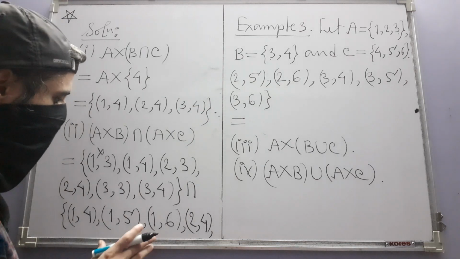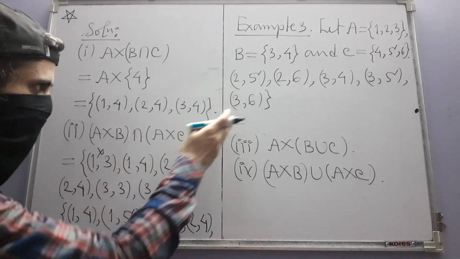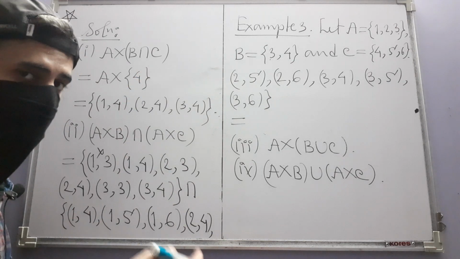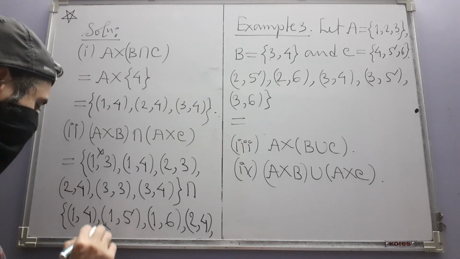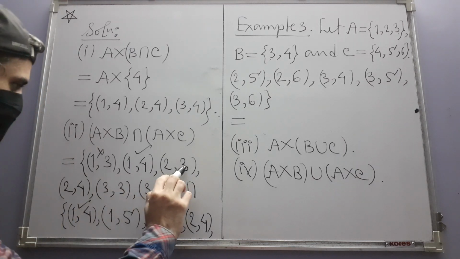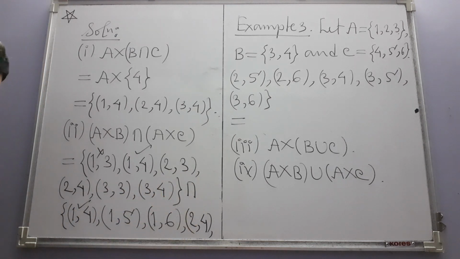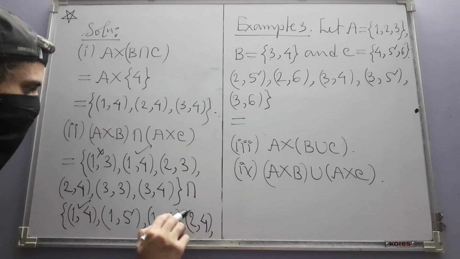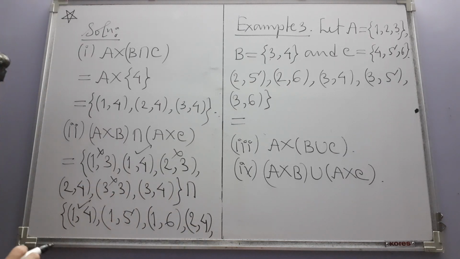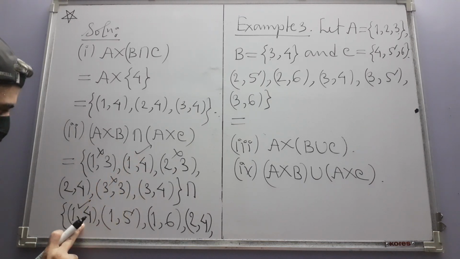If you find it difficult to figure out, ultimately what you will have here, do a rough work alongside your actual solution. 1 4 we have, okay. What about 2 3? Again, 3 cannot be the second coordinate here. So these elements having the second coordinate as 3 are already ruled out, and we have 1 4 here.